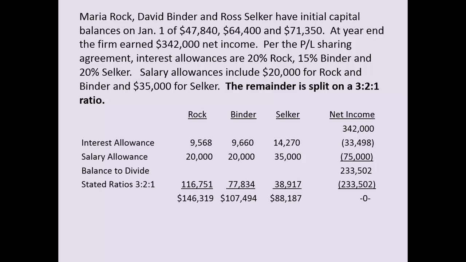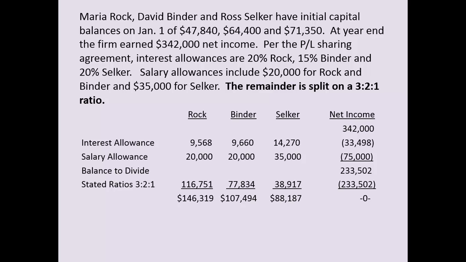Now, as you can see with the stated ratios in this example as opposed to the prior, now Rock is getting the majority of the income because of the partnership agreement. Is this a fair agreement? It may be, it may not. Sometimes you may enter into a partnership agreement, the best of friends, and then it turns out one partner ends up doing a lot more work than had initially been anticipated and is not getting the fair share of the income.